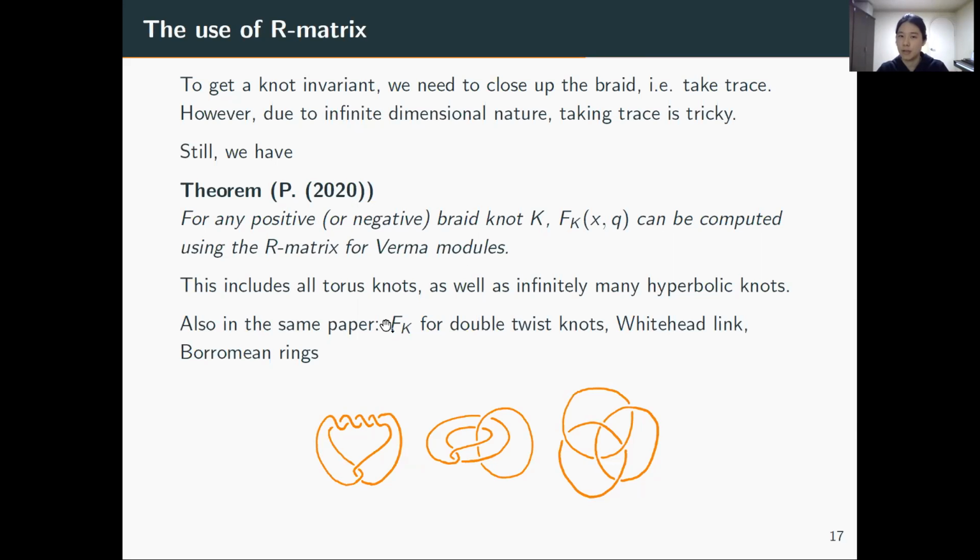In the same paper, I also computed FK for double twist knots, the Whitehead link, and Borromean rings. I drew an example of a double twist knot as well as the Whitehead link and Borromean rings. So from this we have quite a big playground.